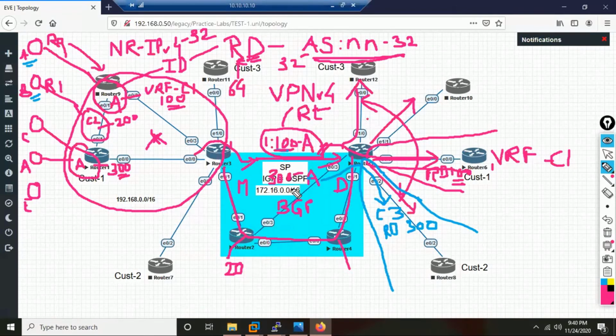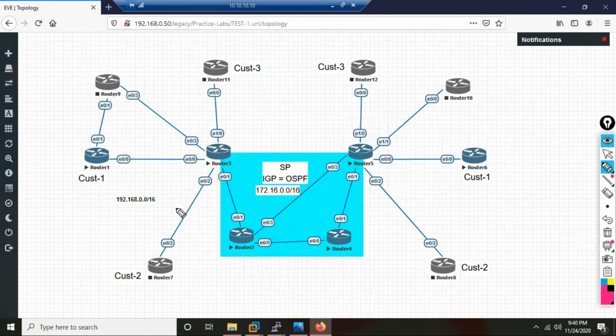Okay, let me remove everything again. Let's say every customer, let me use a different color. Let's say this is R1.